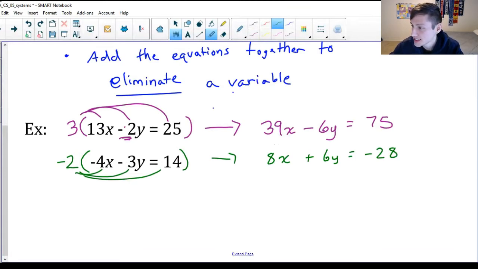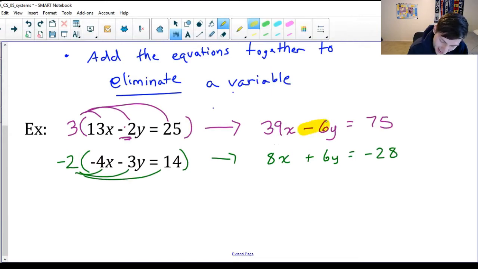Oh, this was a mistake. Okay. So I have exactly what I was looking for so far. I have a negative 6 and a positive 6 on the same variable.